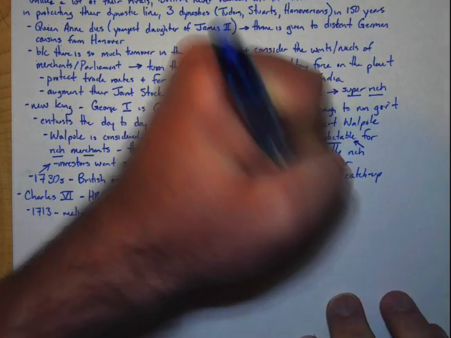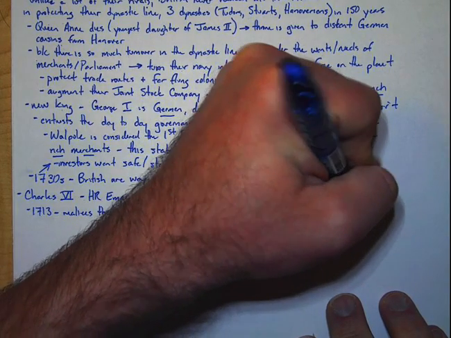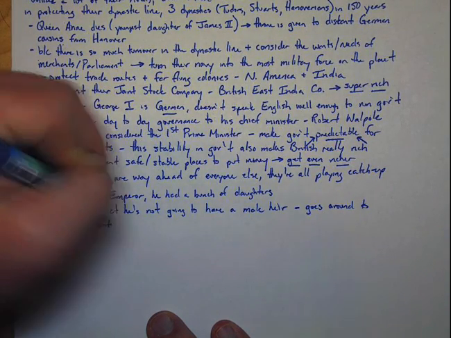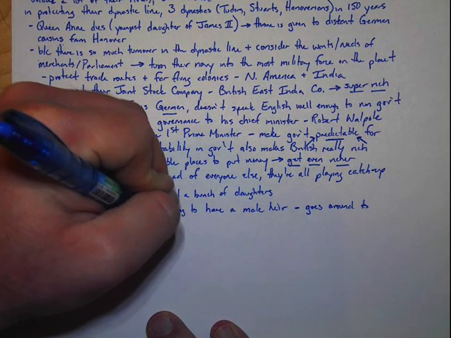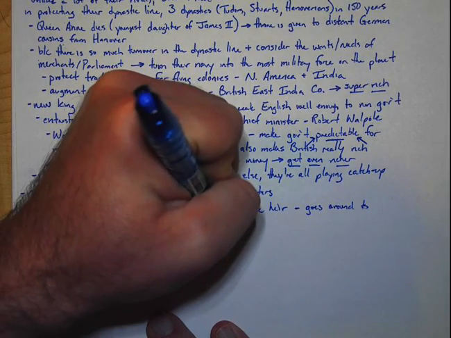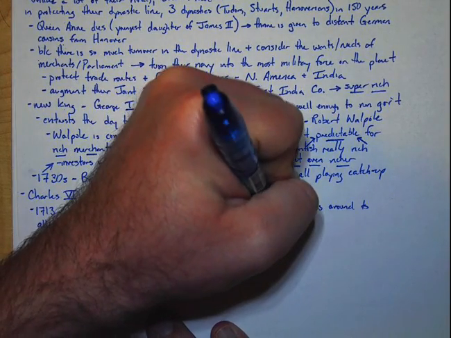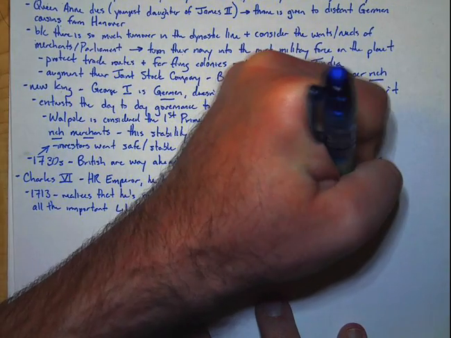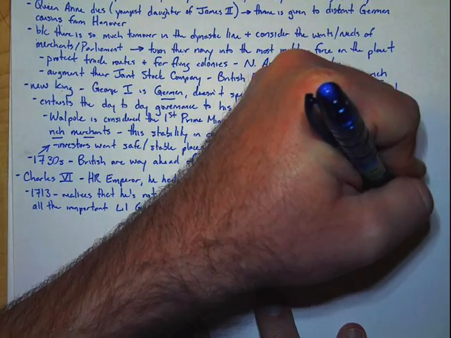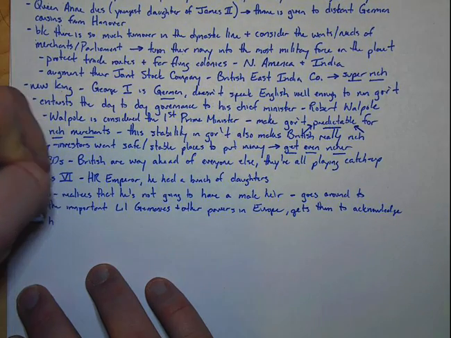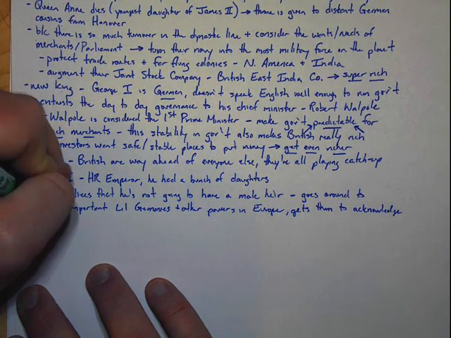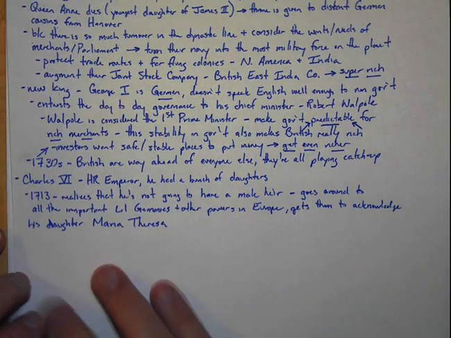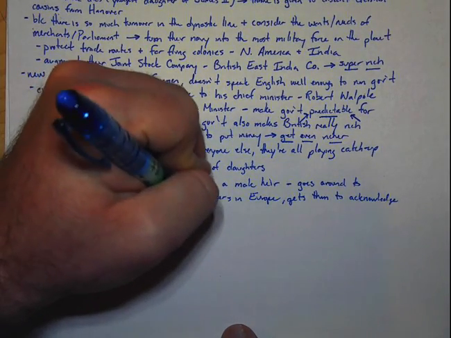So he goes around to all the important little Germanys and other powers in Europe, and he gets them to acknowledge his daughter, Maria Theresa, as his heir.